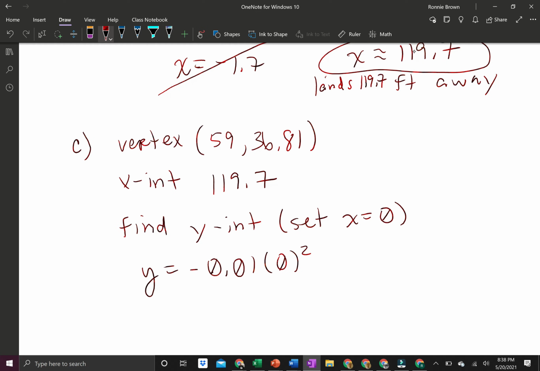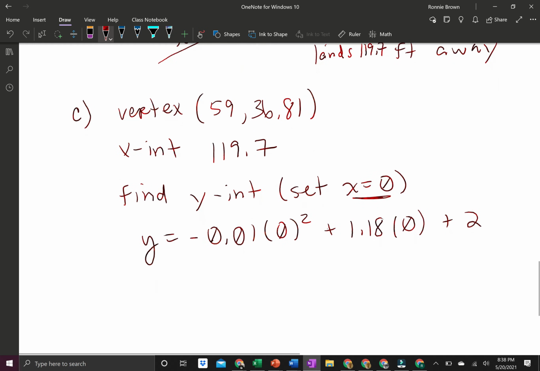So we're just plugging back into the original function for x, 0 in for x. And plus 1.18, instead of 1.18x, it's 1.18 times 0, and then we bring the plus 2 along. Well, in doing all this math, 0 squared is 0 times negative 0.01 is 0, 1.18 times 0 is 0, so the only thing left is 2.